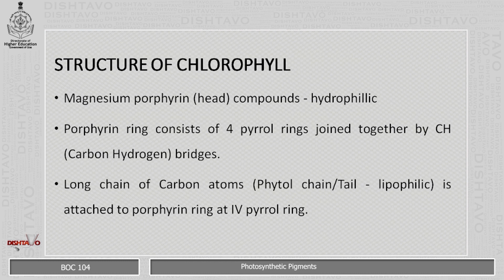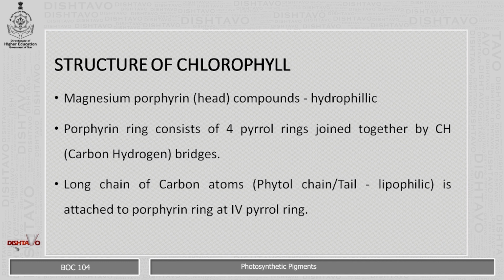Structure of chlorophyll: chlorophyll A and chlorophyll B consist of a magnesium porphyrin head which is hydrophilic in nature. This porphyrin ring consists of 4 pyrrole rings which are joined together by CH bridges or carbon-hydrogen bridges, and it also contains a long phytol chain which consists of carbon atoms.